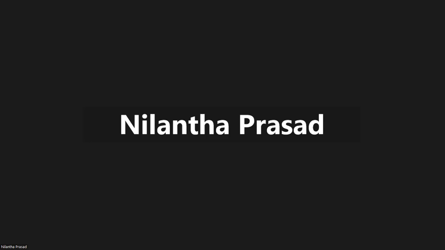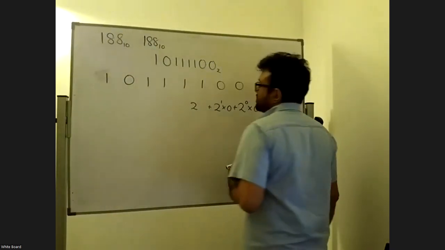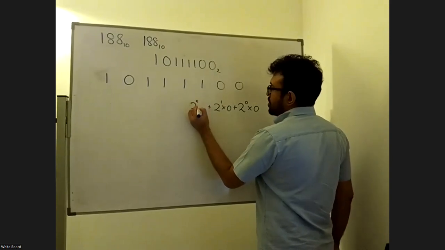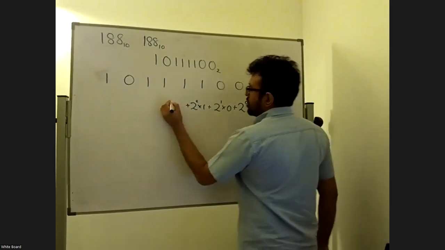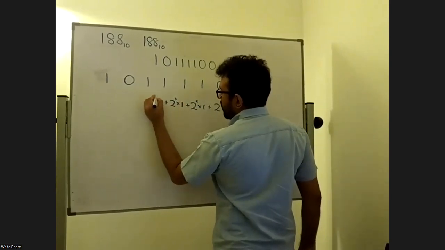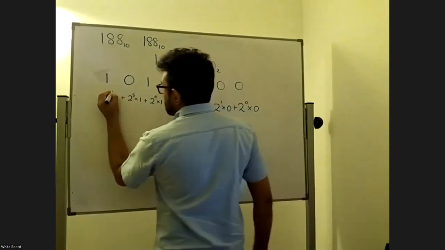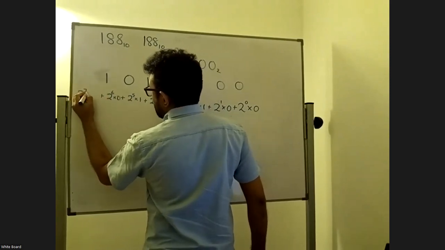You multiply it by 0, plus 2 to the power 1 multiplied by 0, plus 2 to the power 2 multiplied by 1, 2 to the power 3 multiplied by 1, 2 to the power 4 multiplied by 1, 2 to the power 5 multiplied by 1, 2 to the power 6 multiplied by 0, 2 to the power 7 multiplied by 1.